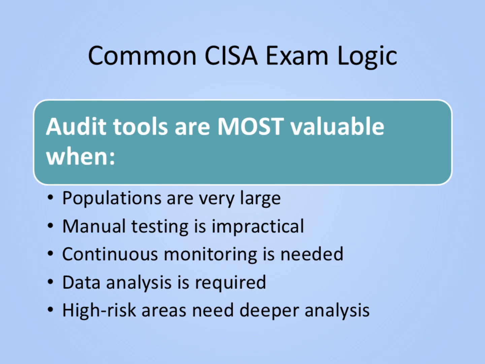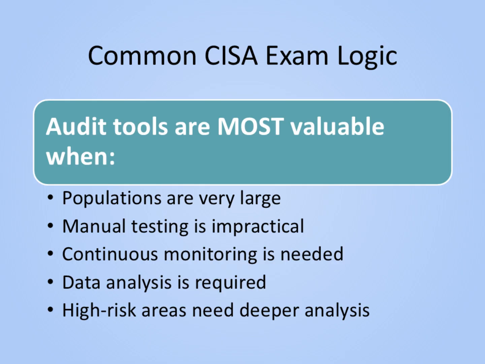Tools are also important when manual testing is impractical due to time constraints, system complexity, or the volume of transactions being processed. Another major use case is continuous monitoring. Many organizations rely on real-time monitoring tools, such as SIEM platforms and automated alerting systems, to identify unusual activity or potential control failures as they occur.